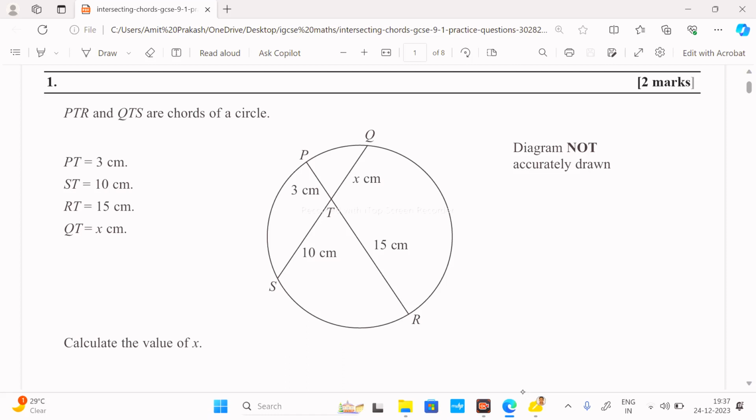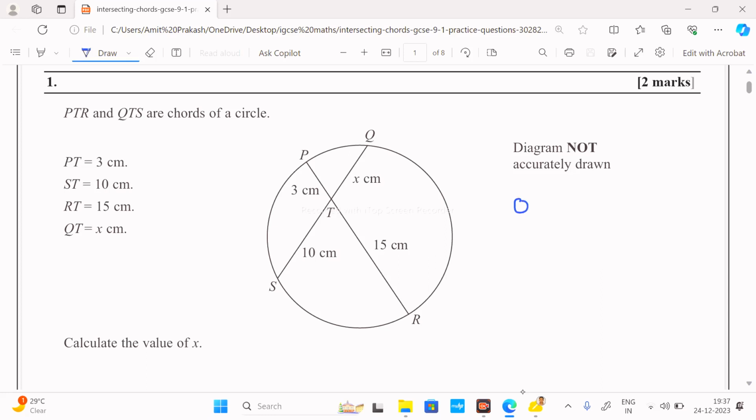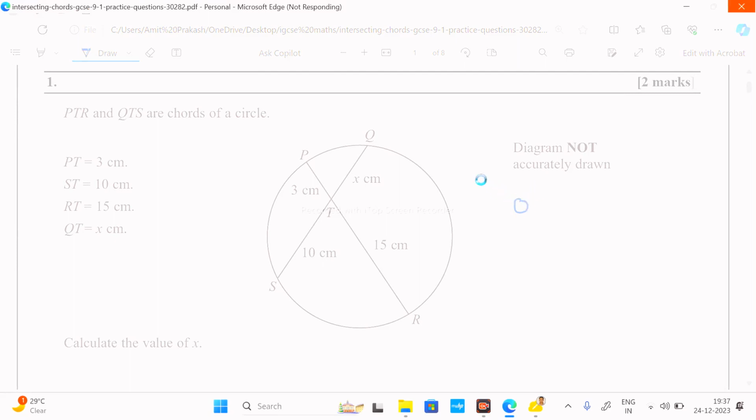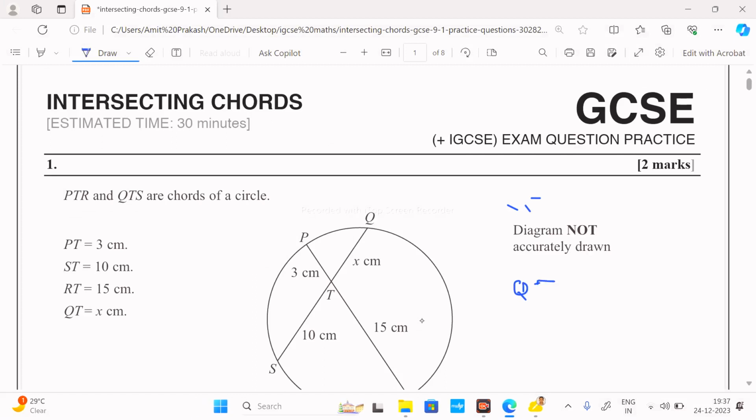As explained earlier, by the chord intersecting theorem, QT into TS equals PT into TR.